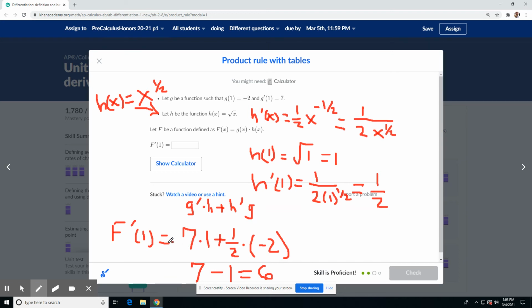All right. So the one thing that may be a little bit confusing is we're evaluating it at 1. So when I'm looking at my foundation formula right here, this is also in the context of 1. So what this means right here is g prime of 1 times h of 1 plus h prime of 1 times g of 1.